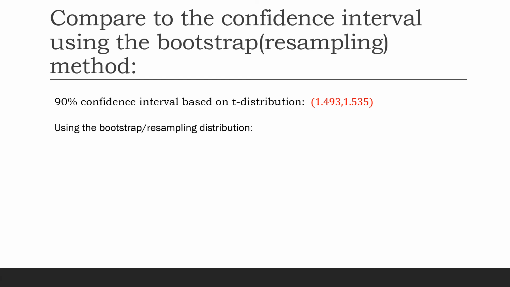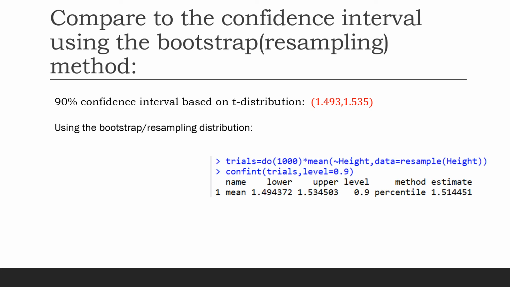Using the bootstrap resampling distribution method, I used the do function to do 1,000 resamplings and calculate the mean height from every resampling of the original data. Then I calculated a confidence interval with a 90% confidence level, level equals 0.9, and it gave me a lower limit of 1.494 and an upper limit of 1.535 if I round to 3 decimal places.